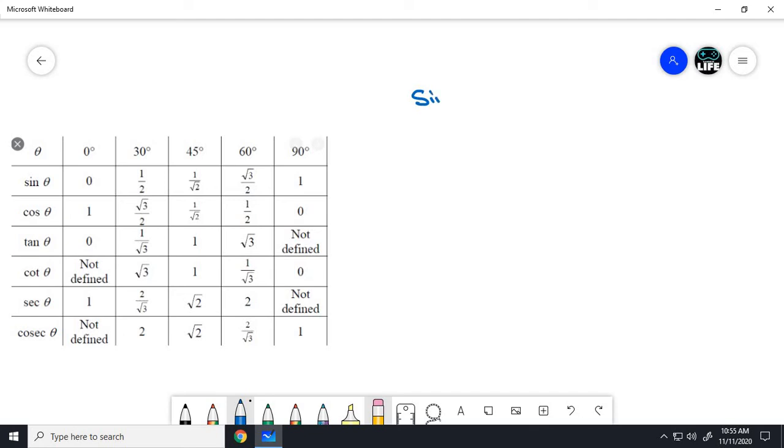Sine 0 by cos 0 equals tan 0. Check whether it works. Sine 0 is 0, cos 0 is 1. 0 by 1 equals 0, 0 by anything is 0. So tan 0 is 0.